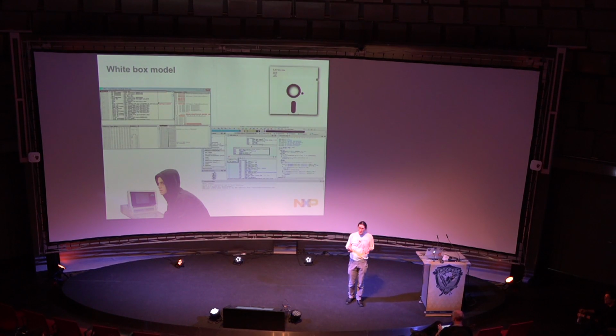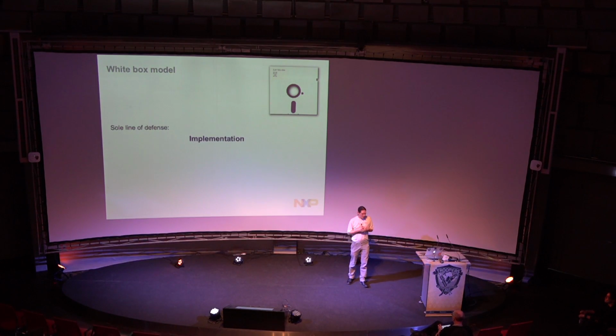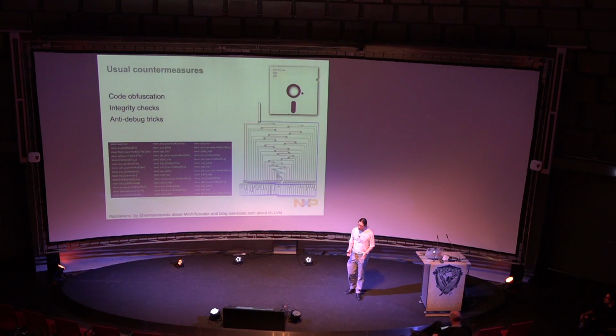And if you want to design something secure in that model, that's really, really difficult. So the only line of defense is your implementation, actually. You have nothing else. You cannot rely on some hardware or whatever. And the usual tricks are code obfuscation, integrity checks, anti-debug checks, and this kind of stuff.